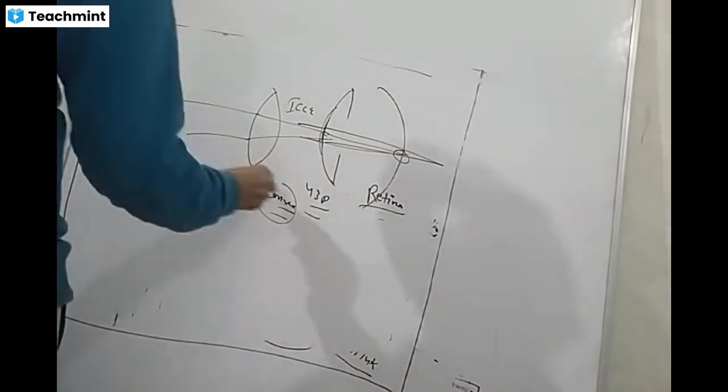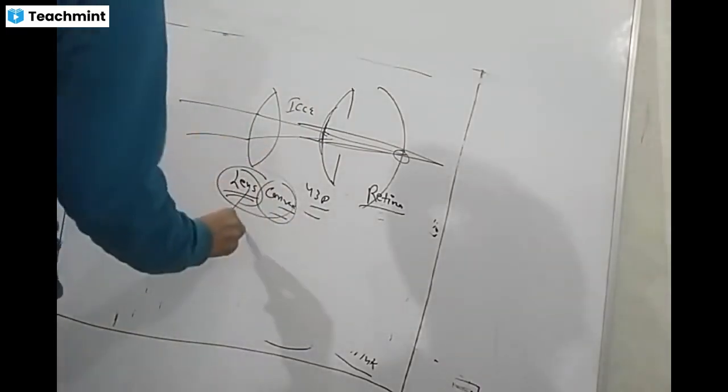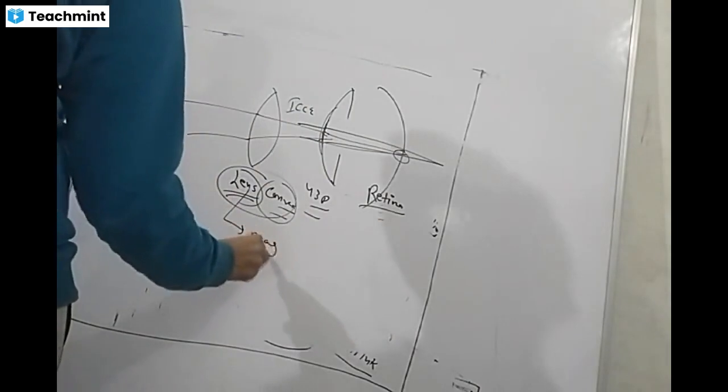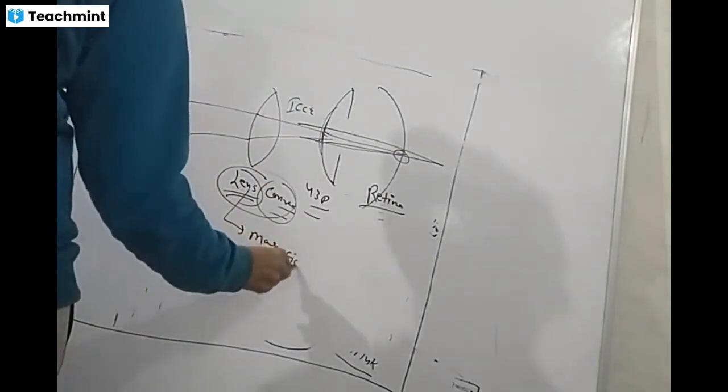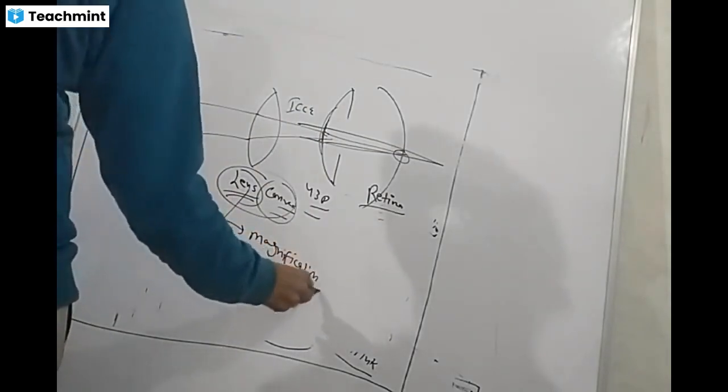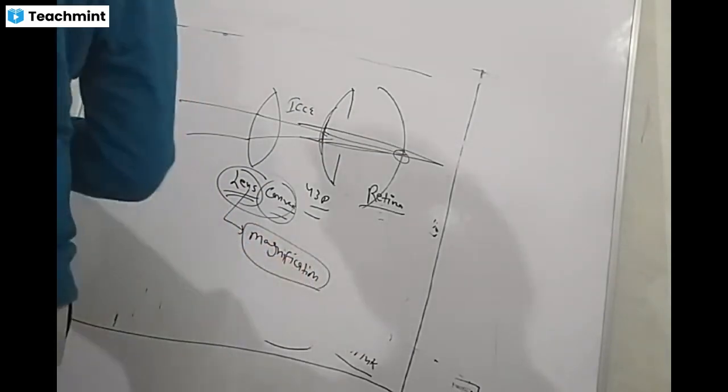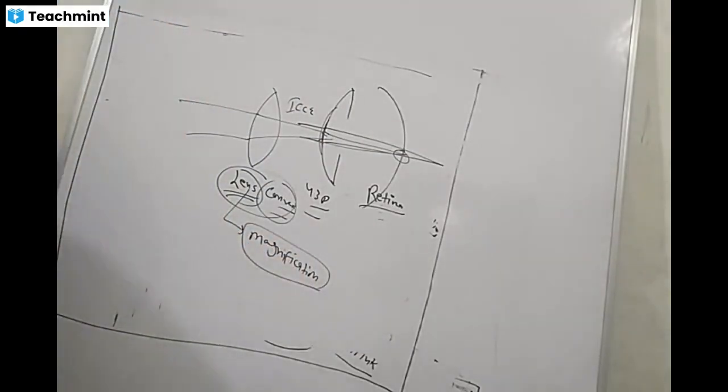But the problem with the convex lens is that it always causes magnification. The limitation of the convex lens is the magnification of the image.